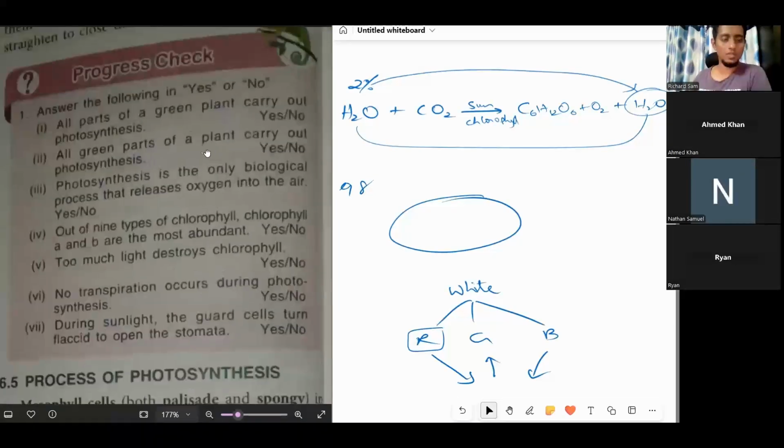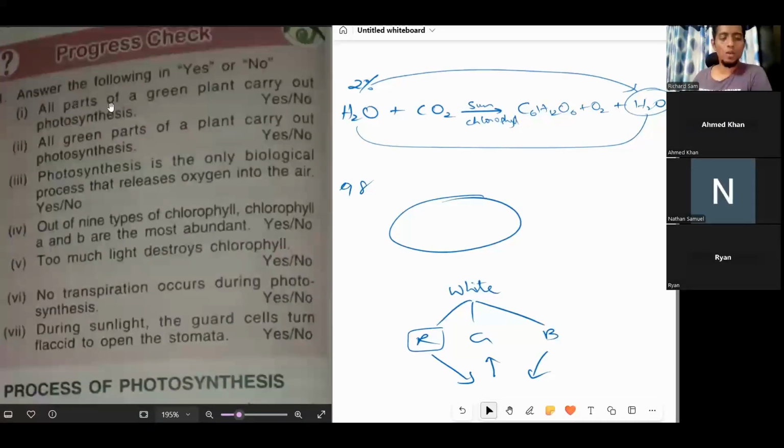Okay, let's just answer these questions. Yes or no? All parts of a green plant carry out photosynthesis. Okay, the question is confusing. All green parts or all parts of a green plant?